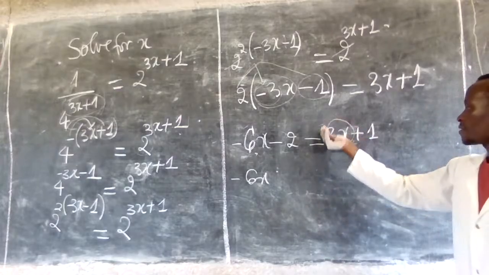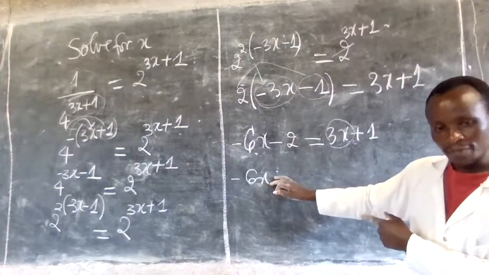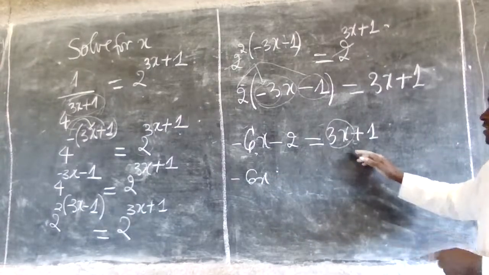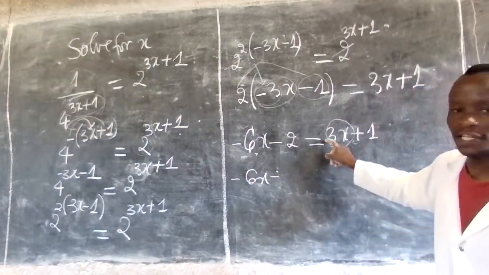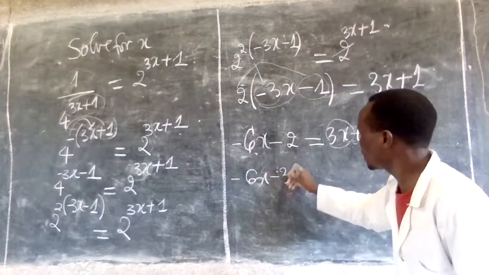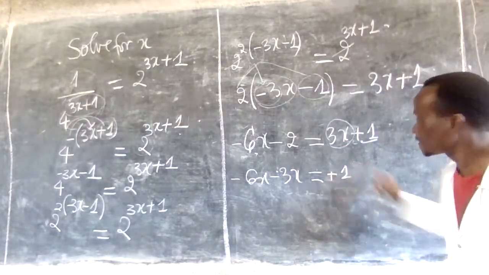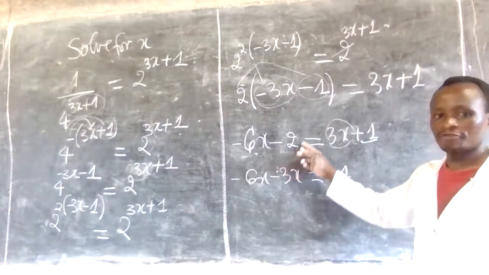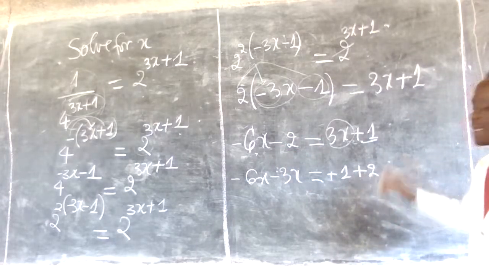This 3x comes from the second member to the first member. The sign it has in the second member will be changed into minus, because here there is positive 3x, which is equal to plus 1. And here we have minus 2, it will be plus 2.